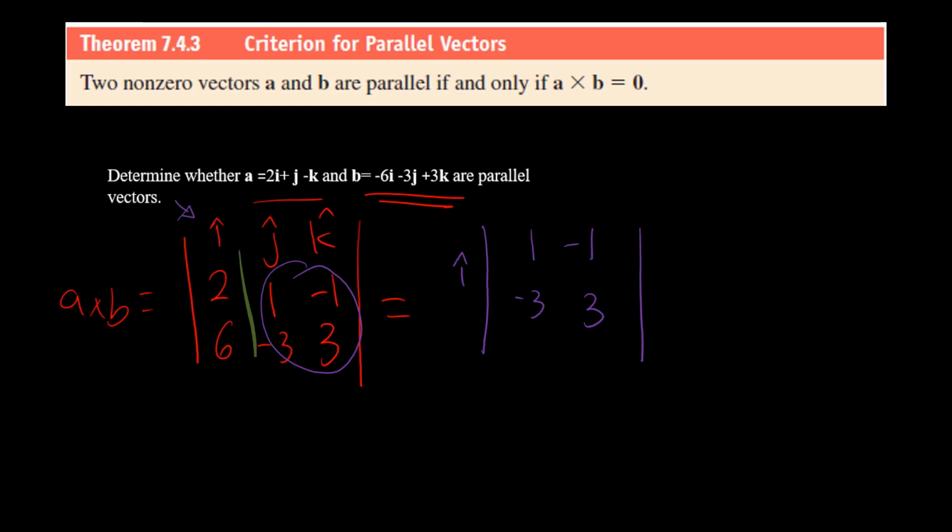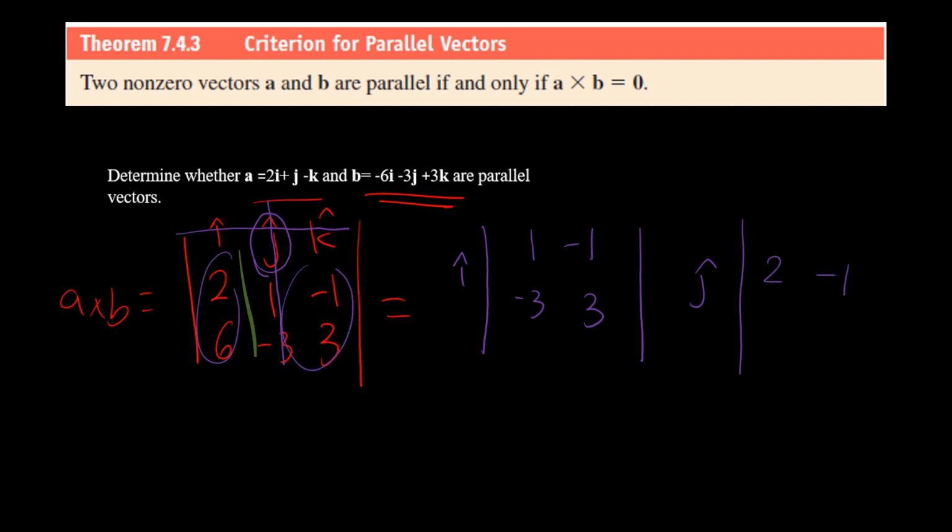Now we'll do the same thing with the second row. So you eliminate the second row and the first column. Now here, what is the first thing in the second row? It's j hat. And then what do you have after crossing it out? You have 2, -1, 6, and 3.